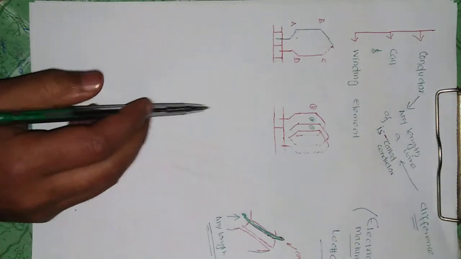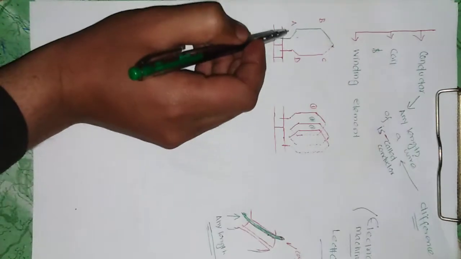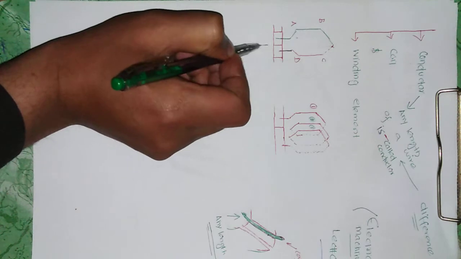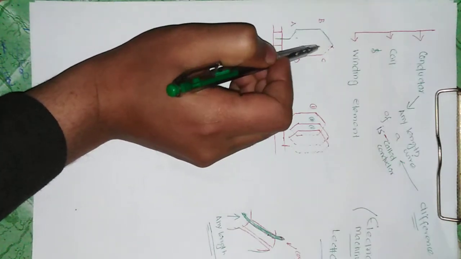The next thing in the row is the coil. What is a coil? For example, in this figure, this is a winding. That is a commutator. This is the winding of a DC electric generator.